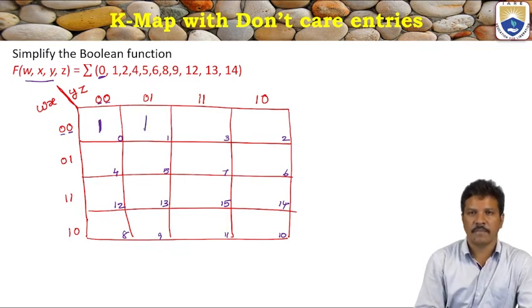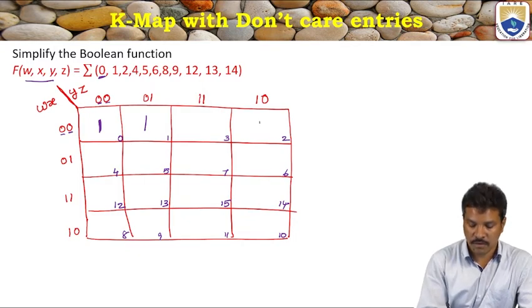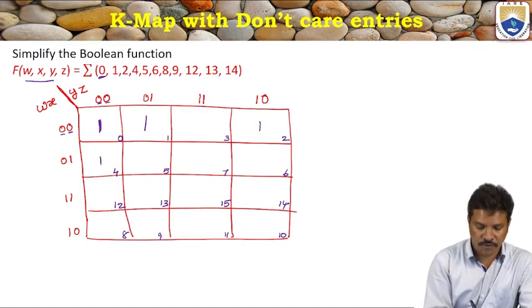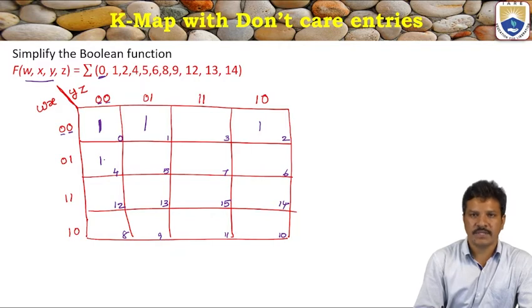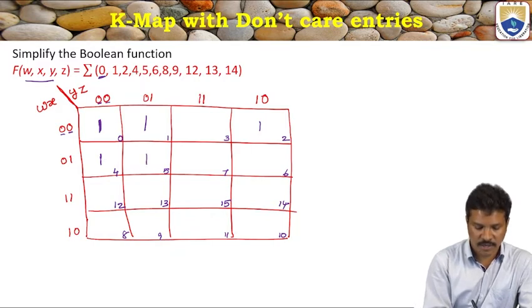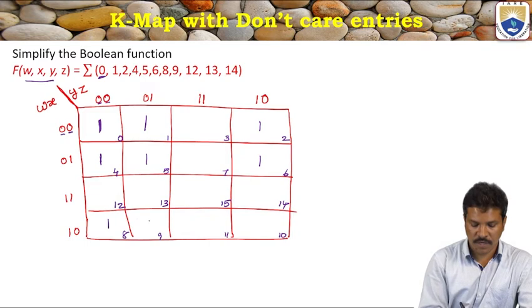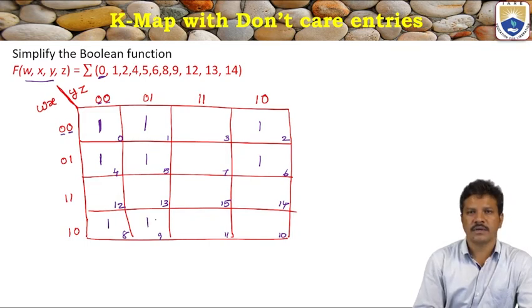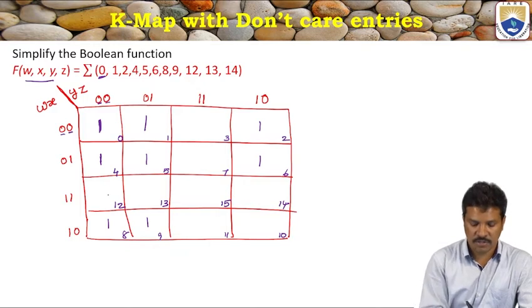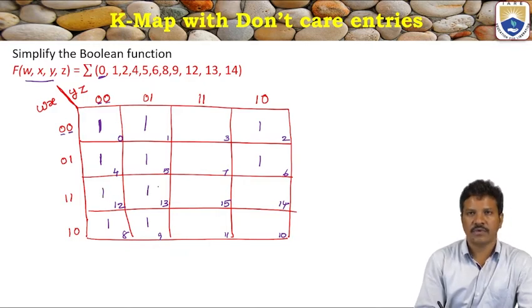So we have 1, and 2, 4: 2 is there, 4 is there, 5, 6: 5 is there, 6 is there, 8, 9, you can have 8, 9, and 12, 13, sorry, 12, 13, 14.